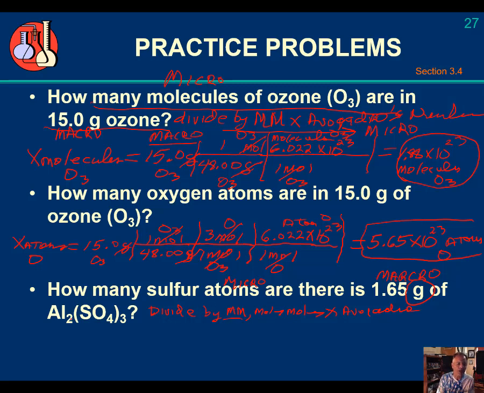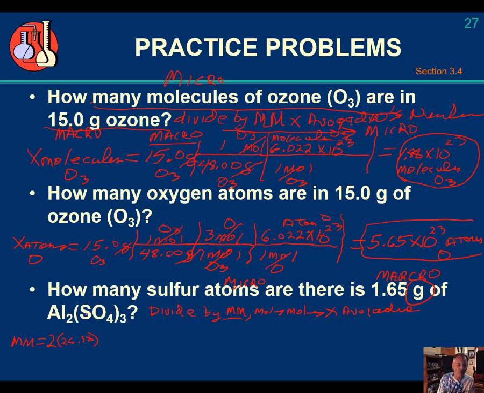Well, in order to do this, we need a molar mass. So we need to go to the periodic table. Now, I've got the periodic table memorized with respect to a few elements, so let's go ahead and figure out the molar mass for aluminum sulfate. There are 2 aluminums. Each mole of aluminum weighs 26.98 grams.